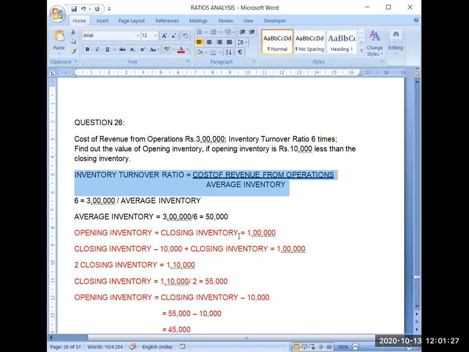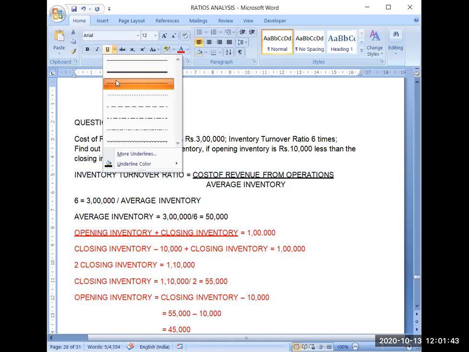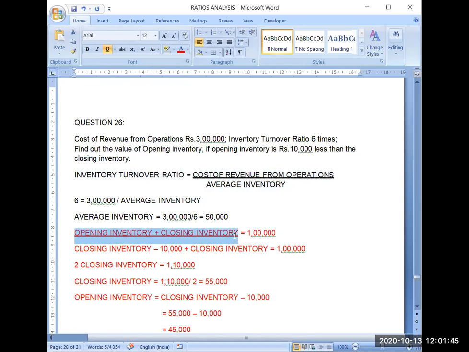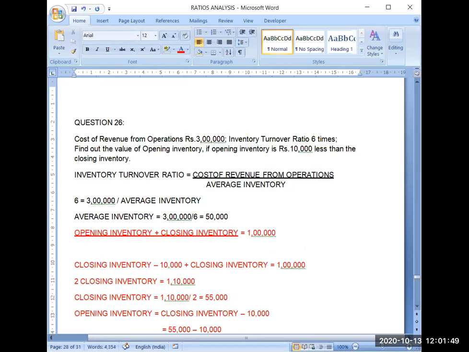See, again, okay, I will explain it. This equation was like this, divided by 2.